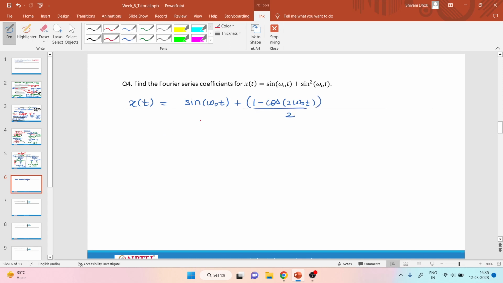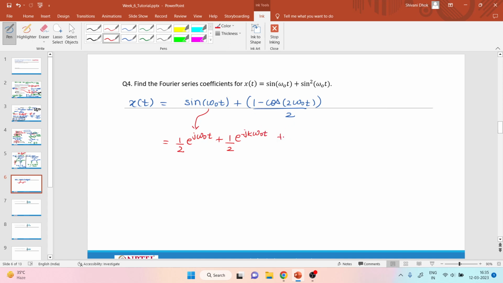Now this sine here I can write as 1 by 2j e power j omega naught t minus 1 by 2j e power minus j omega naught t.